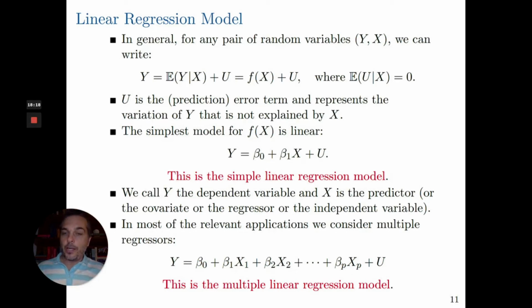Okay? We are assuming that the relationship between y and the x's is linear. That's an assumption. In some cases, it's a good assumption. It gives us very good results, the linear regression model. In other cases, this is not a good assumption. Okay? We are going to learn techniques to let the data tell us if this is a good assumption or not.